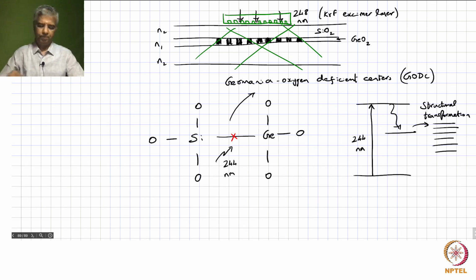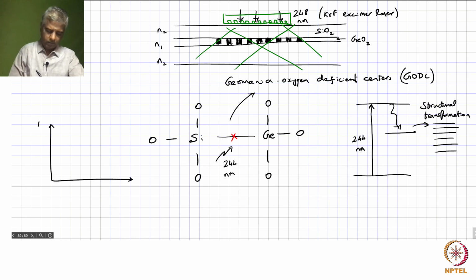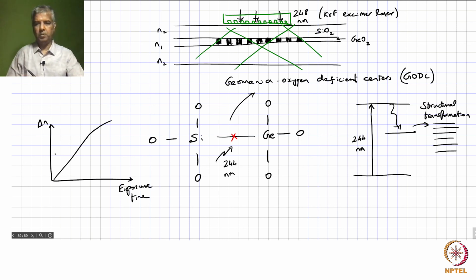If you look at the refractive index change as a function of exposure time, it goes up like this, and then it saturates, because beyond a certain point there are no more germania oxygen deficient centers, and so you have already created all the refractive index change that you could possibly get from this fiber.